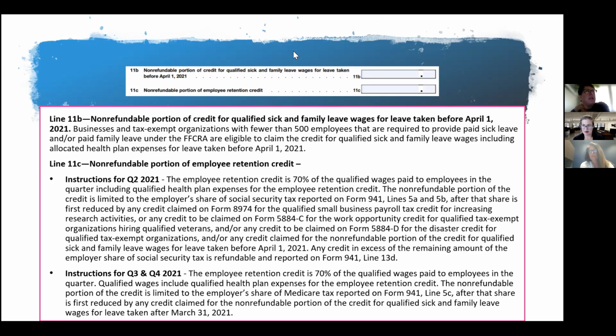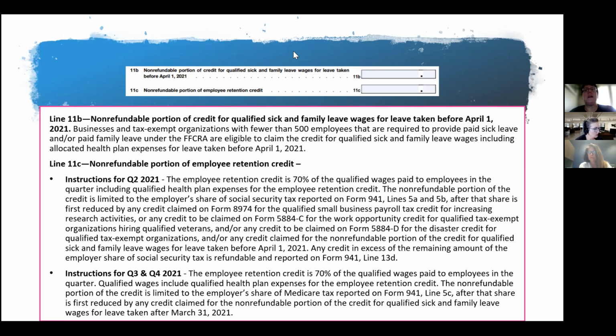And I would really, really encourage you to go through the instructions to the 941. They've gotten a lot better about writing their instructions. It used to be really, really hard to read the instructions that came from the IRS, but they've gotten a lot better about writing them. So it didn't have circular logic anymore. It's pretty straightforward.